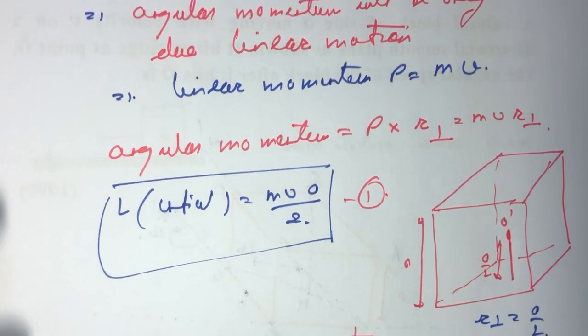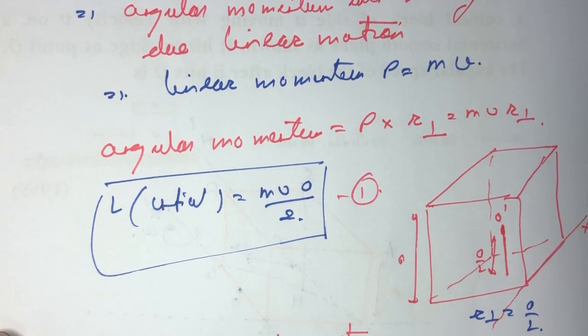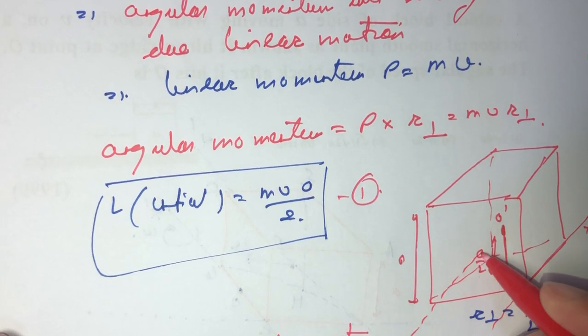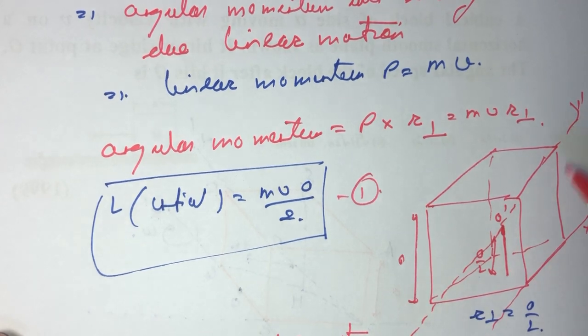Okay, so let me draw it here. So this is our x and x prime, and we have this axis which is passing through the center of mass, which is given as y prime. So we can say that this y prime is parallel with x prime.